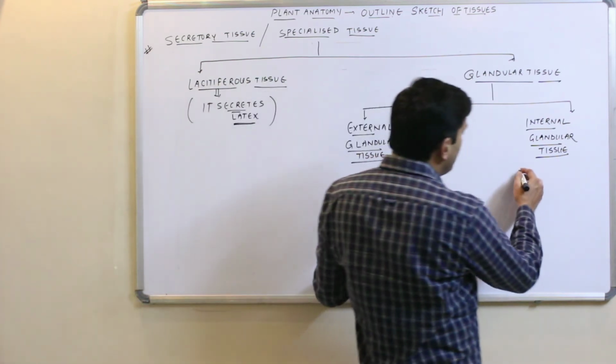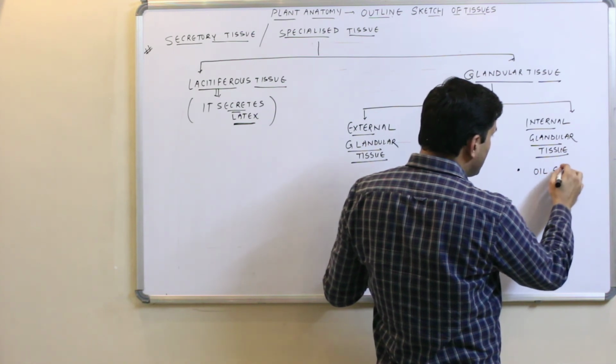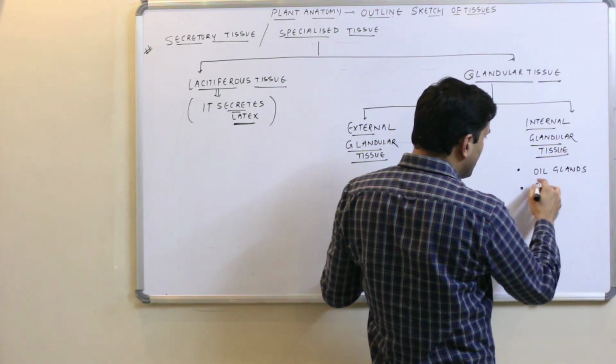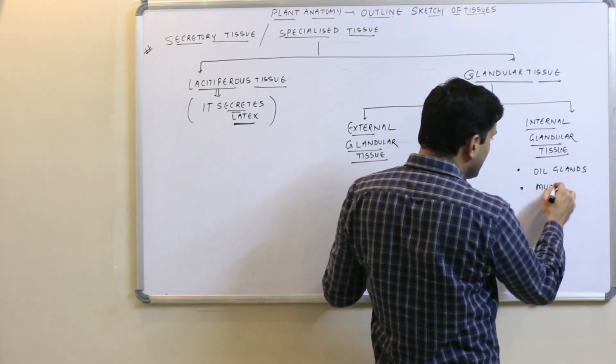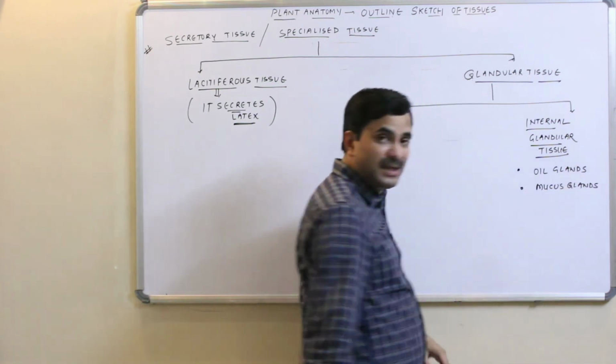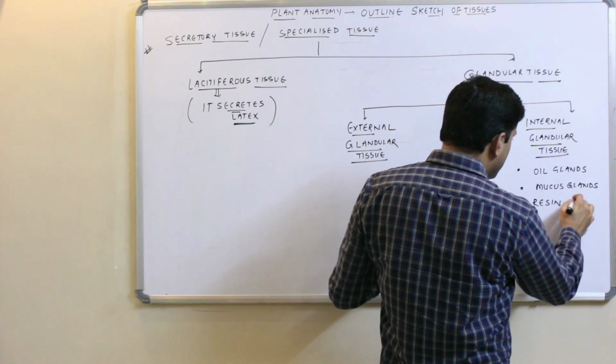Some examples of internal glandular tissue are oil glands, mucus glands, and resin glands.